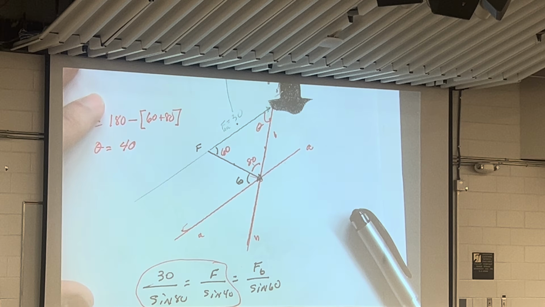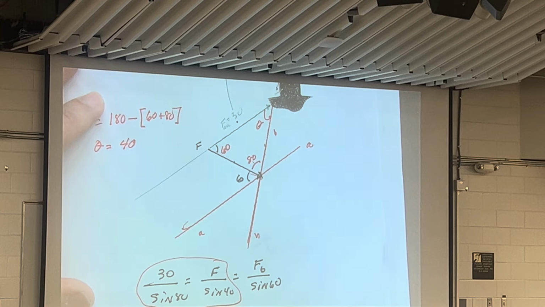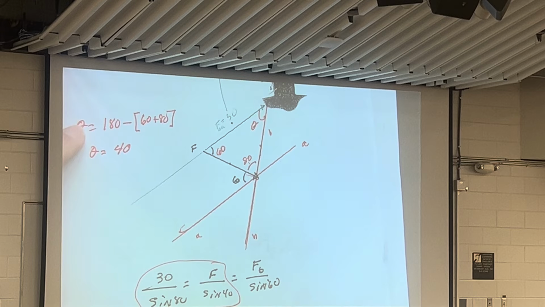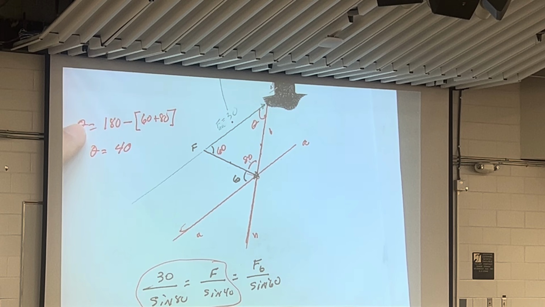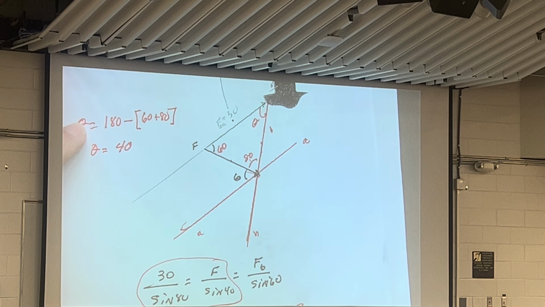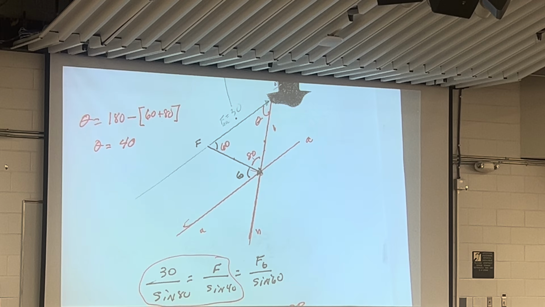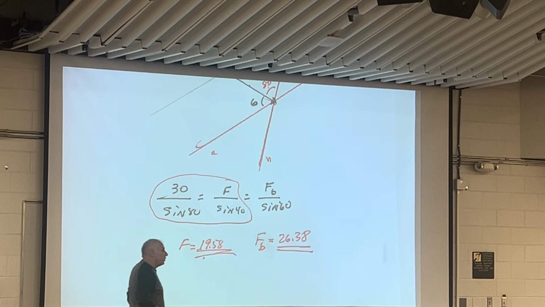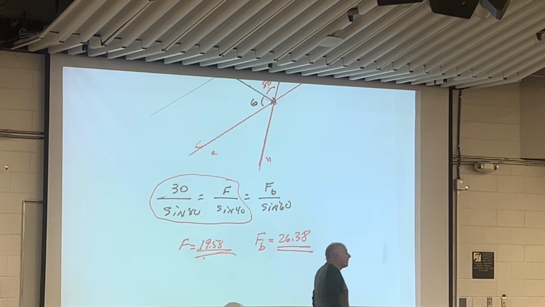So if I solve this, F is equal to 19.58, and if I solve this and this, or this and this, because I already have the 19, FB will be 26.38. Of course, pounds. That's a resolution problem, where you know one of the components.